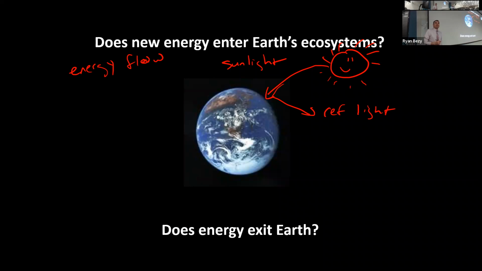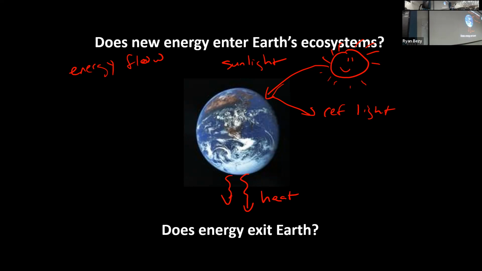And we've only talked about really one other type of energy specifically. Heat given off. Yep. You're going to have heat radiating out back to space. Remember, sunlight is warm. When sunlight comes in, it warms whatever it hits.